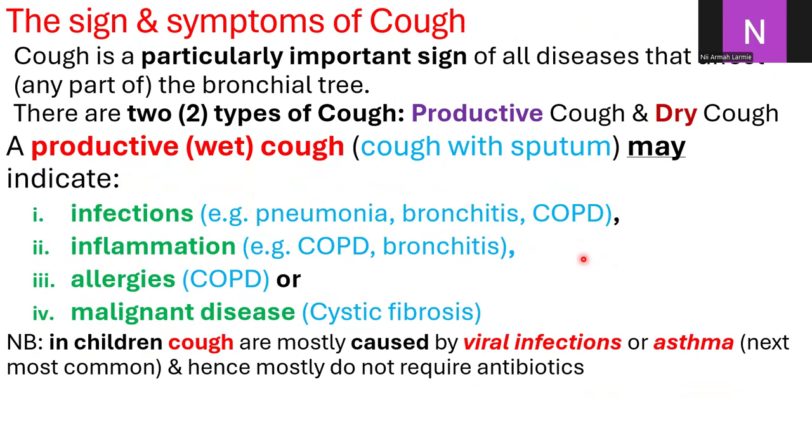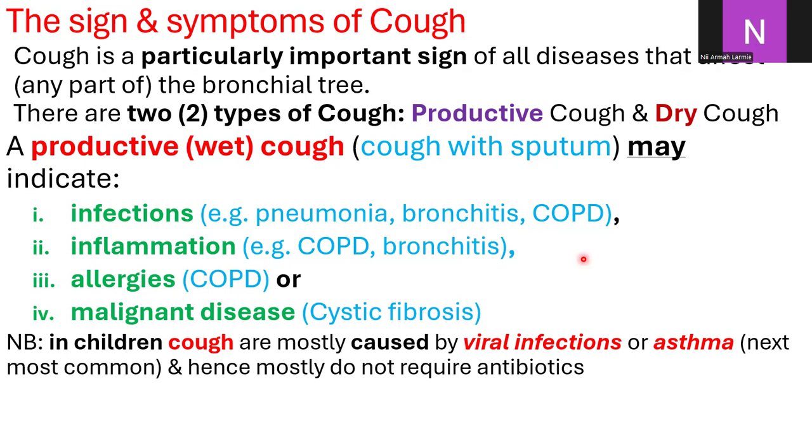So when you take a wet cough or a productive cough, which is cough that is accompanied with sputum, it tells you there could be an infection. And we've already stated, especially bacterial infection. There could be an infection, which we describe as pneumonia, infection of the lungs. It could be an infection of the bronchi. It could be an infection resulting in chronic obstructive pulmonary disease.